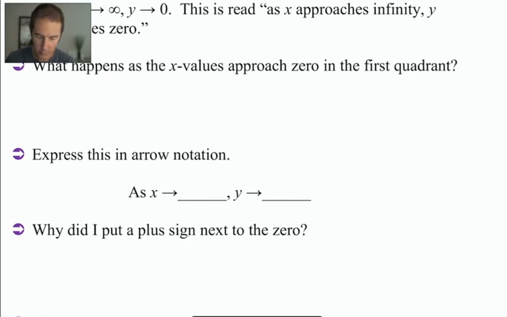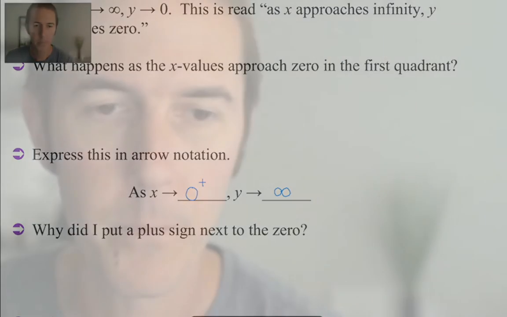As our x values approach 0 from the right, or from the positive side, our y values go curving up toward positive infinity. And the reason that I put that plus sign next to the 0 is to indicate that our x values are approaching 0 from a particular direction or from a particular side.